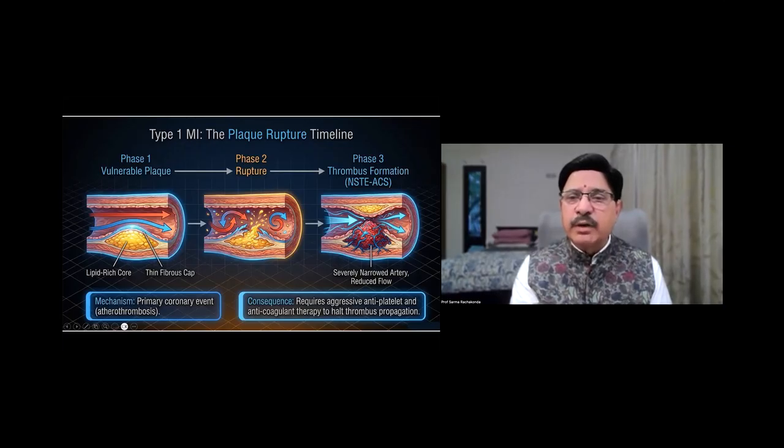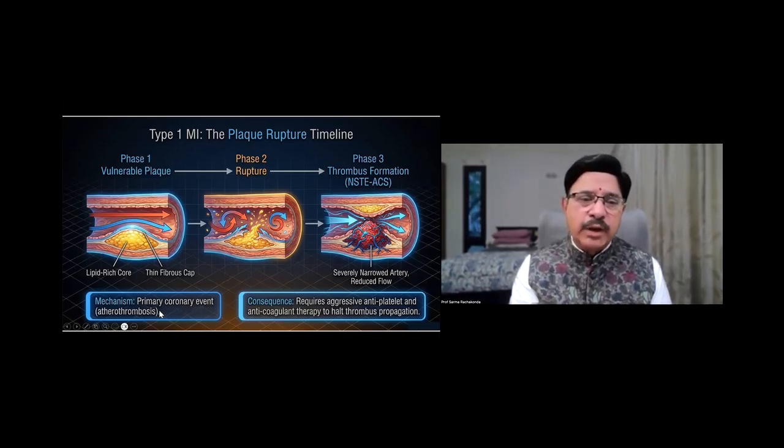This is a white clot, this is a red clot. With this thrombus formation, NSTE-ACS will develop. Still some flow is there, not totally occluded. If totally occluded, ST segment elevation; if there is 90% or 80% occlusion, a severely narrowed artery, reduced flow.